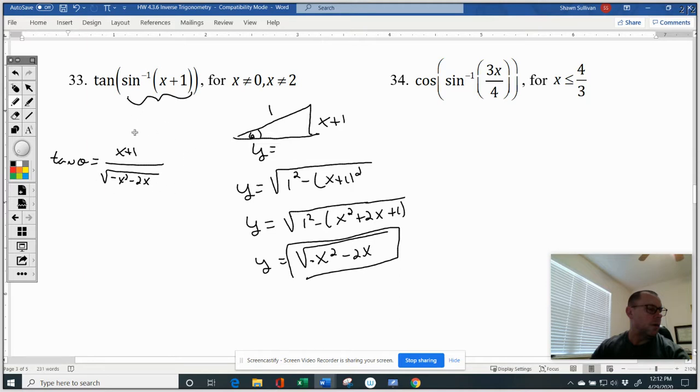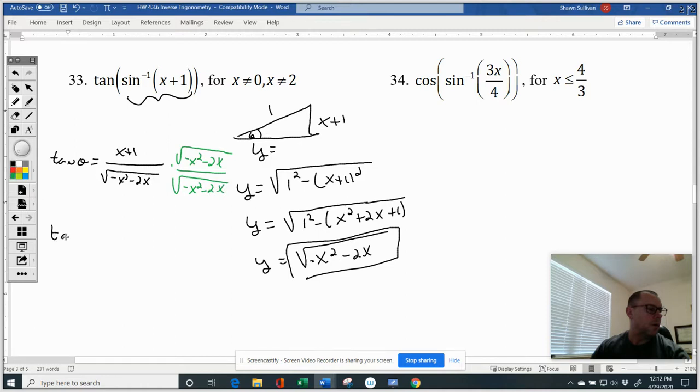We're going to have to rationalize this denominator again, as well as the other one. We multiply the top and bottom by the square root of negative x squared minus 2x, and we multiply the bottom by the same thing, and then we simplify and clean that up.